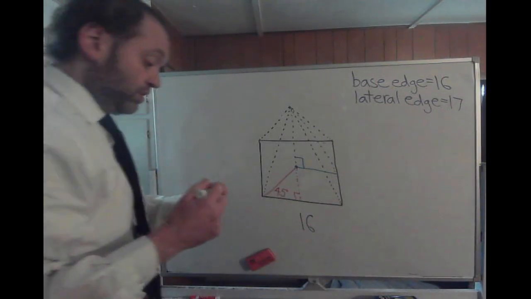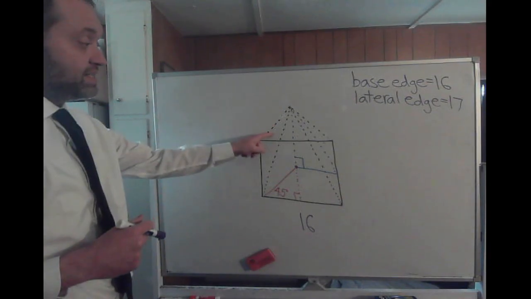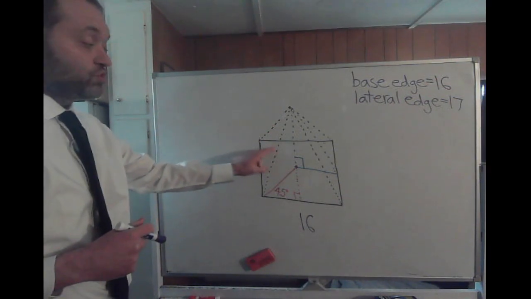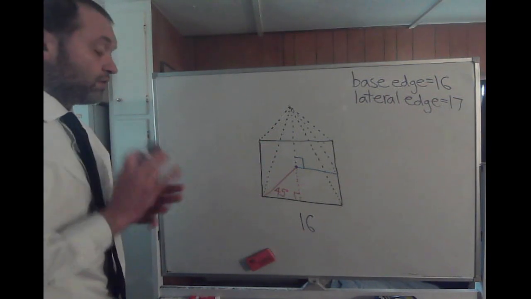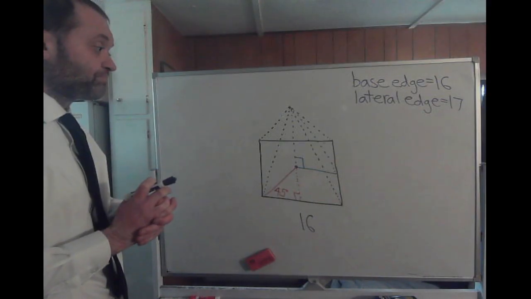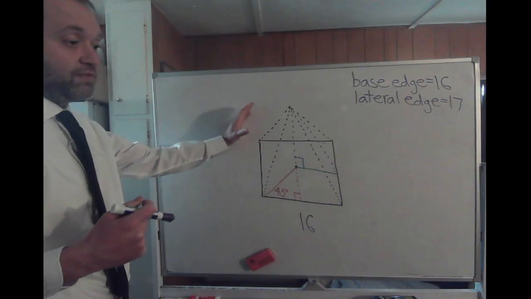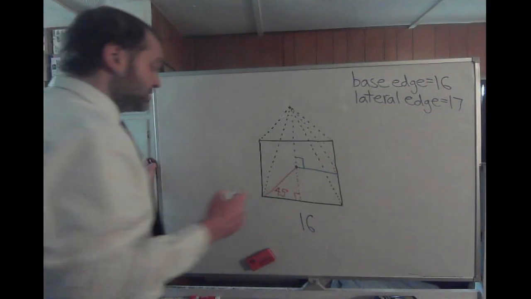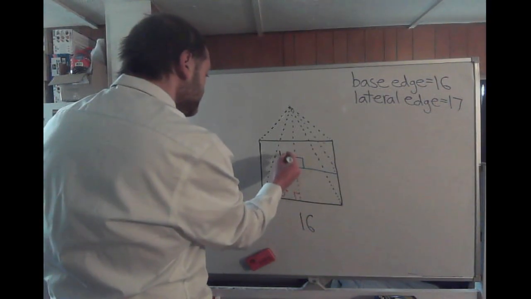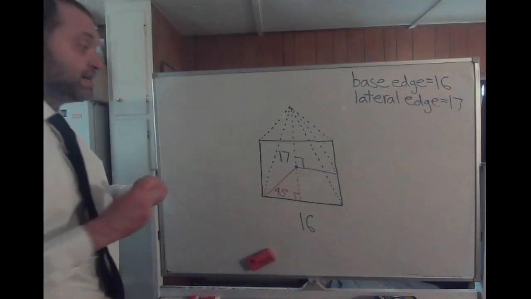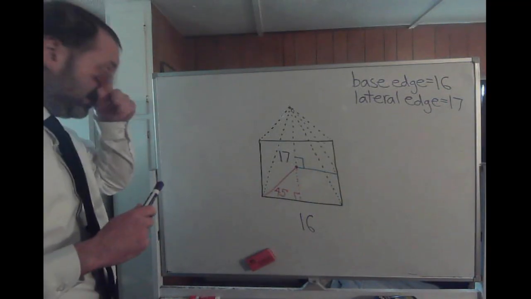Now, a lateral edge is one of the sides of the isosceles triangles that are formed from the sides of the pyramid. So we have a lateral edge of 17. We need to find the height and the slant height both.